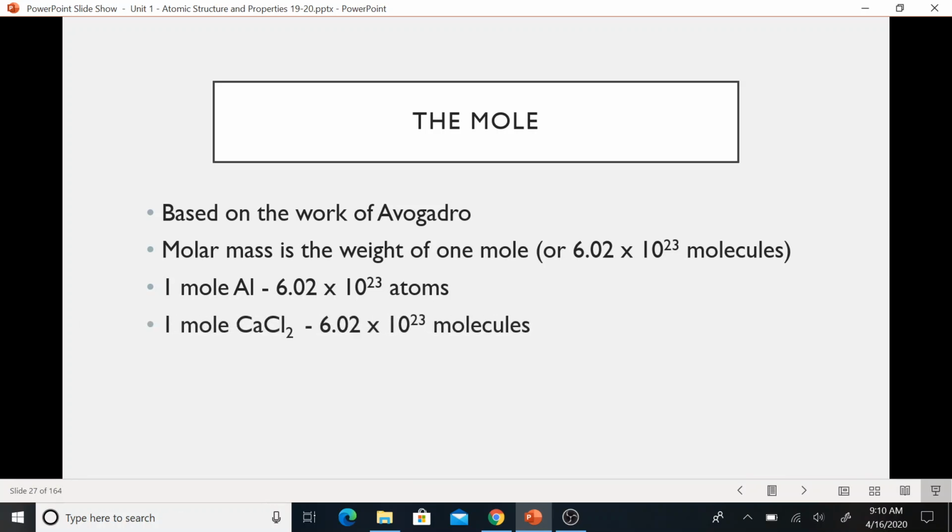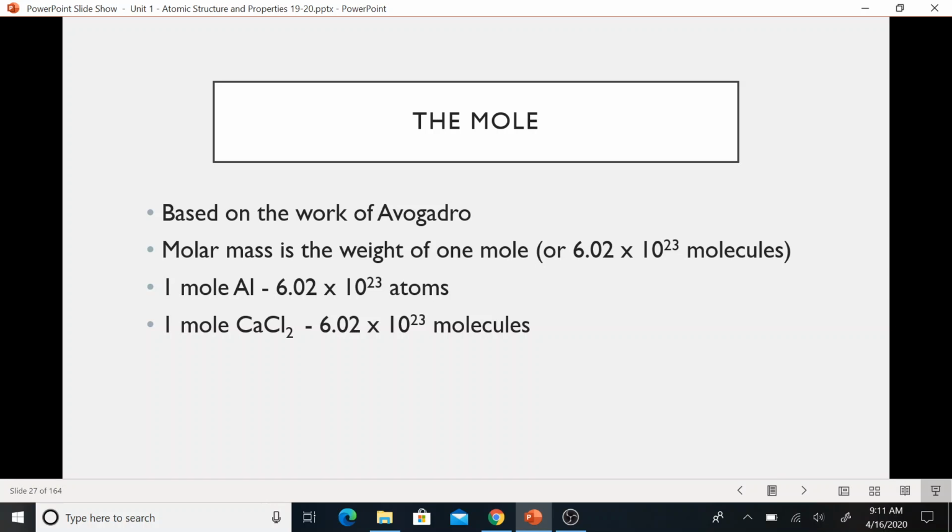Calcium chloride, for example. Now, there is an error there. That should say 6.02 times 10 to the 23rd formula units, not molecules, okay? Because molecules refers to covalently bonded substances, and calcium chloride is not covalently bonded.